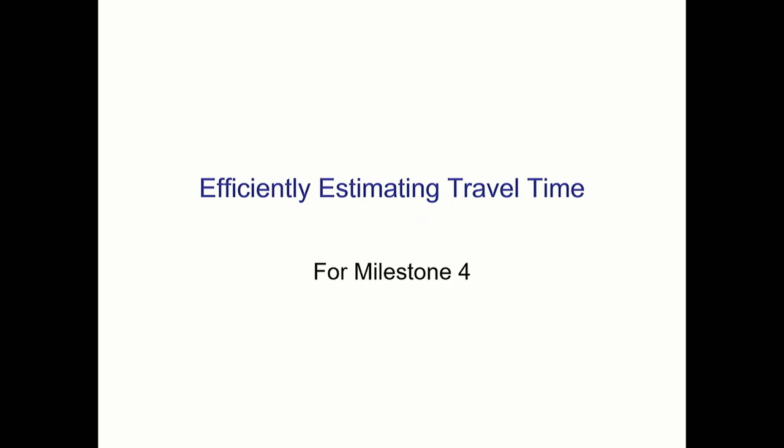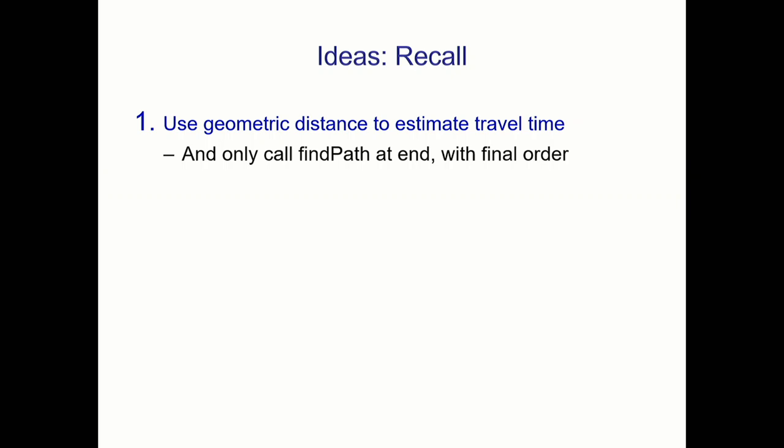Okay, the next thing we're going to talk about is how to efficiently estimate the travel time. Remember that we just talked about using the geometric distance to estimate the travel time and only calling find path at the end. That saved us a lot of CPU time, because to find the geometric distance, all we had to do was calculate a mathematical formula.